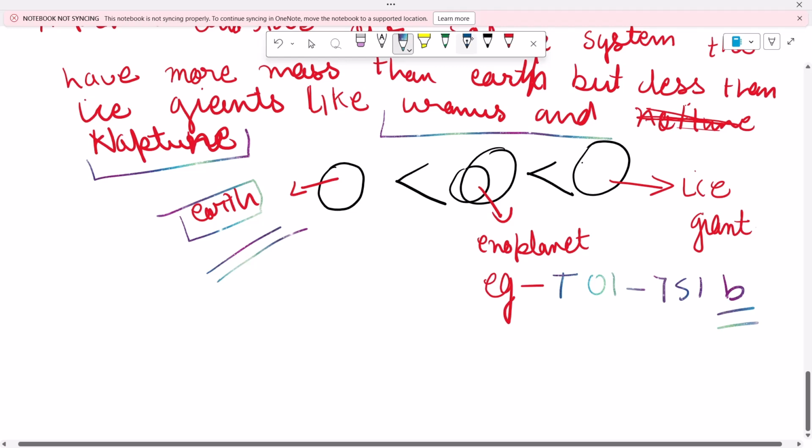So a question arises from here: what are exoplanets?